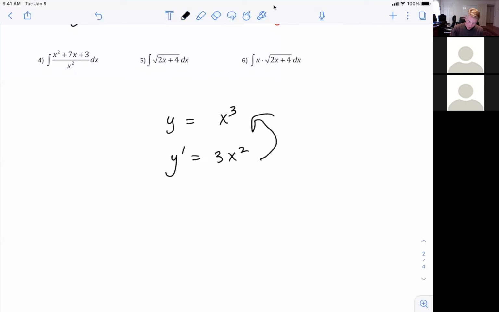So this is called a couple of things. Find the antiderivative. So anti is saying the opposite of the derivative.